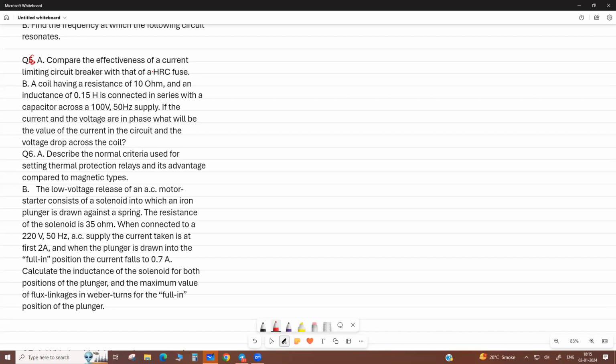Correct? There is an auxiliary circuit also with the circuit breaker. And this fuse wire works on Joule heating, I square R T. This is for short circuit only, but in breaker, short circuit, under voltage, and earth fault protection also we can build in.